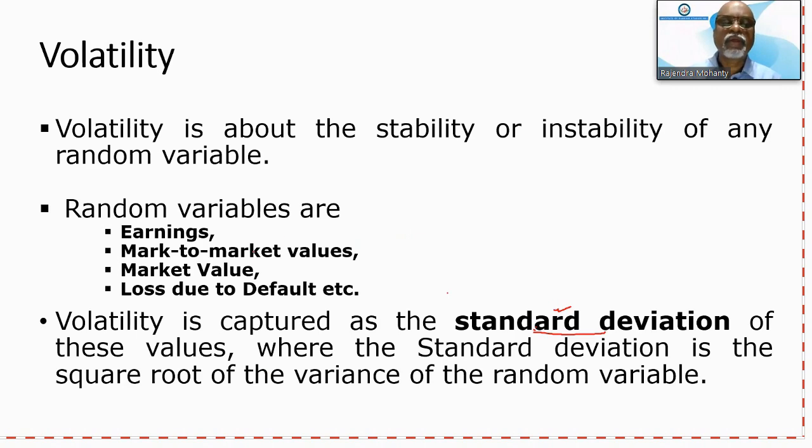So if we are talking about market value of a security, earning of a security, or whatever it may be, one random variable you take for different time period or different days, then you calculate the standard deviation of that, and that standard deviation is represented by this symbol sigma. So standard deviation is the square root of variance. So this standard deviation will tell us how much volatile the security is or the investment is.